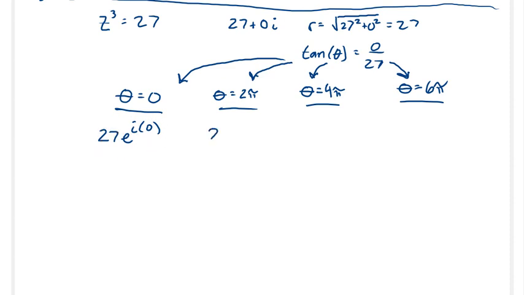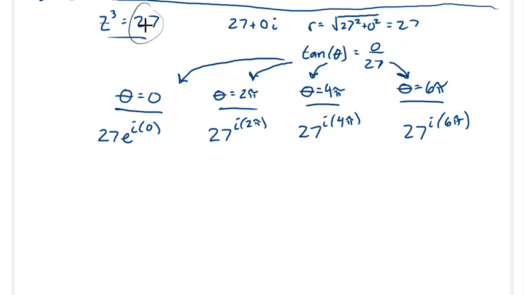When I use theta equals 2 pi, it looks like that. 4 pi, and 6 pi. You might look at this and say, boy, this is just a lot of different ways of writing the same thing. But it turns out this is the key to finding all the complex solutions to this original equation. So what do we know? If I want to figure out what z is, I'm going to take this raised to the 1/3 power.